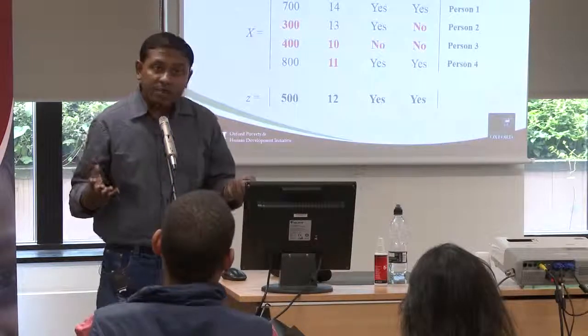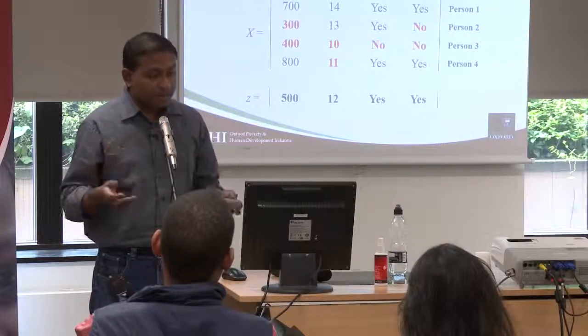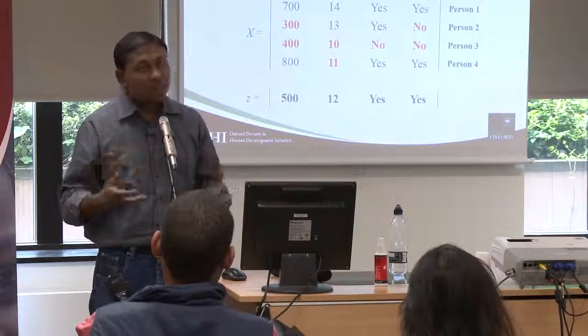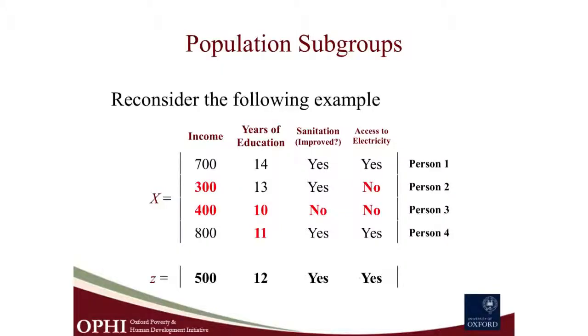Let me go through an example just to make it clear. I know many of you have already seen it and probably already know it, but let's go through the example. This is what we saw on the first day. You have an achievement matrix. In red are those people who are identified as deprived in this indicator, not poor, but deprived in the respective indicators.